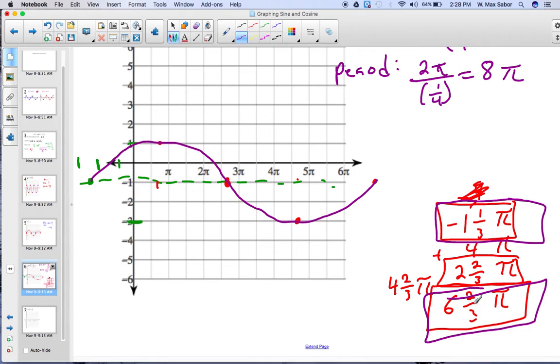So that's why I knew 6 2/3 pi worked by adding 8 pi to our phase shift. And half of that was where the other equilibrium point is. The maximum is halfway between the first and second equilibrium, and the minimum is between the second and third equilibria.